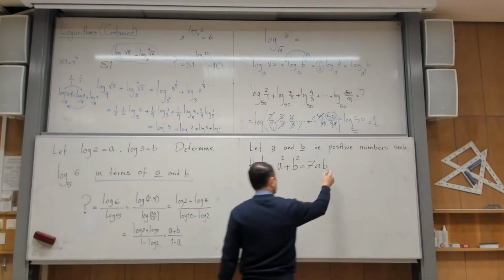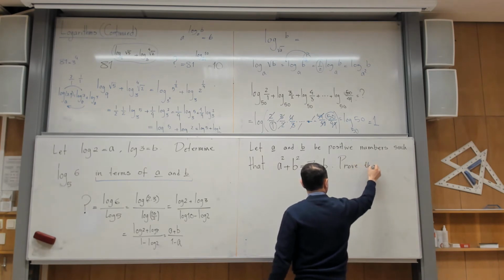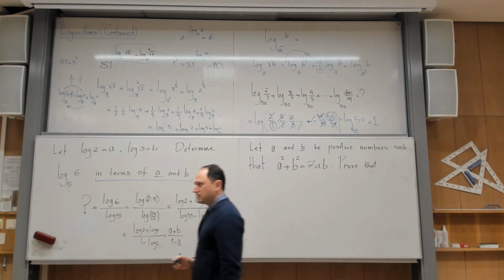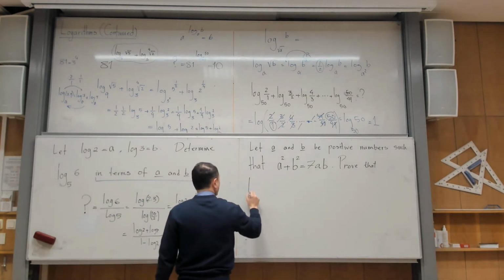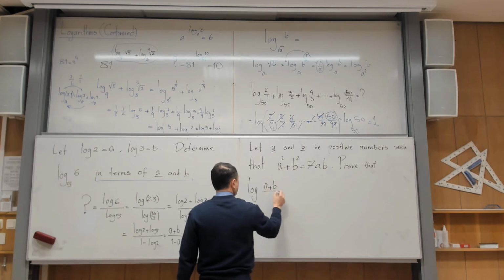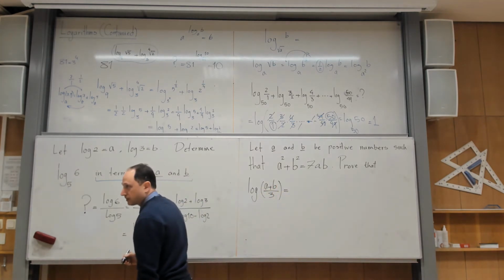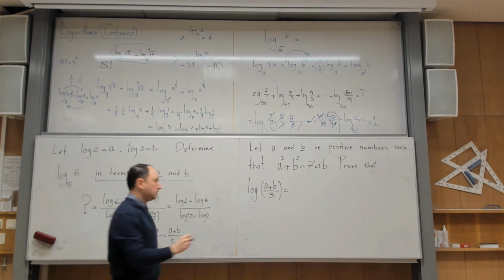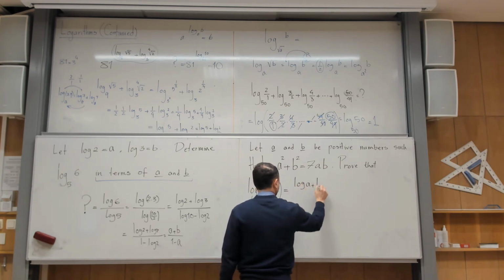Okay, we want to show, prove that this is the thing that we are supposed to prove. Prove that the logarithm of (a plus b) divided by 3 is equal to 1/2, is equal to the logarithm of a plus the logarithm of b, divided by 2.